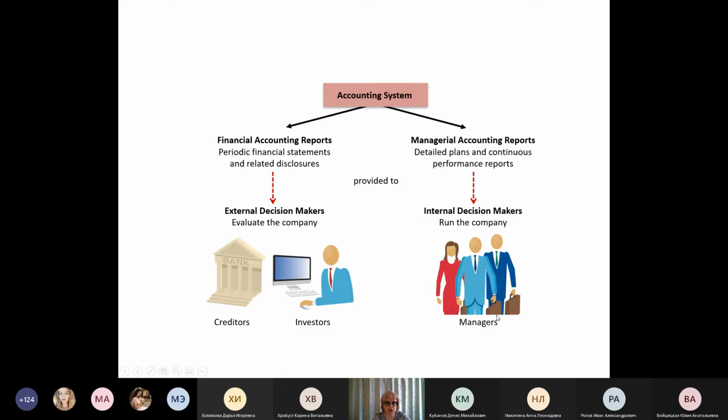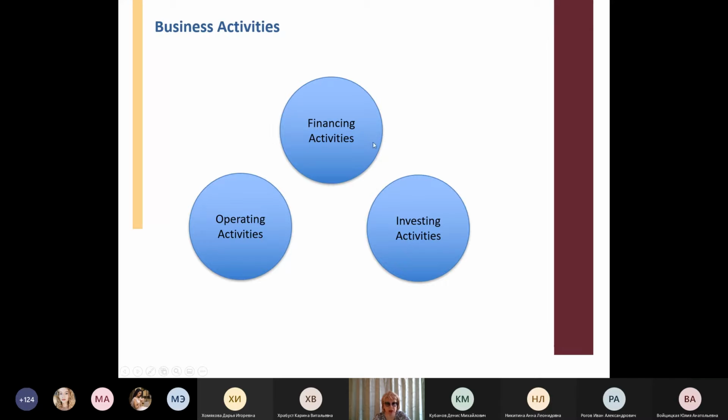It's always managers, maybe the board of directors and other people involved in the management of the company. This part you will learn in the second module. And in this first part, we concentrate our attention on financial statements, how to prepare them, what information we can get, and how to interpret this information.